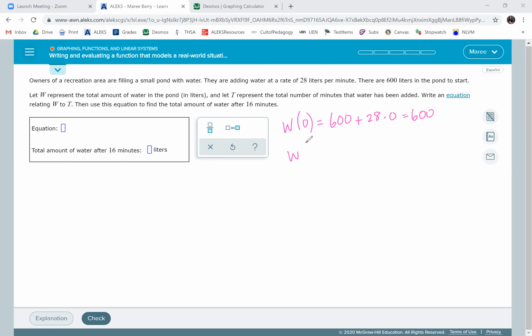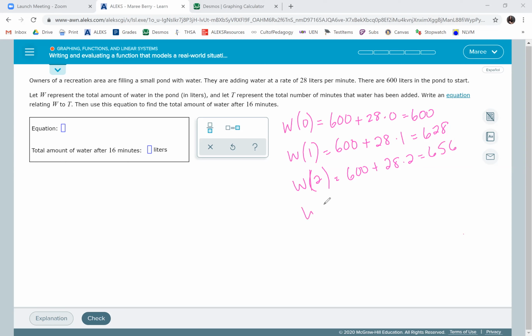And then after 1 minute, there's going to be 600 liters plus the 28, which is 628. And then after 2 minutes, it's going to be 600 plus 28 times 2, which is 656.